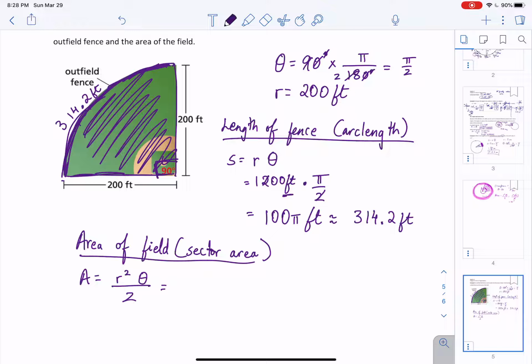So I take my radius, 200 feet squared, times the angle, pi over 2, and divide that by 2. So I can start simplifying this down. 200 squared is going to be 40,000.